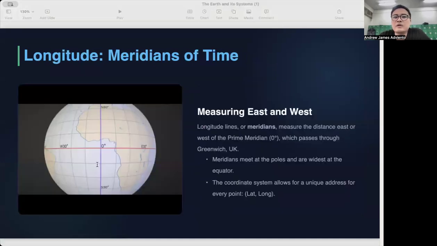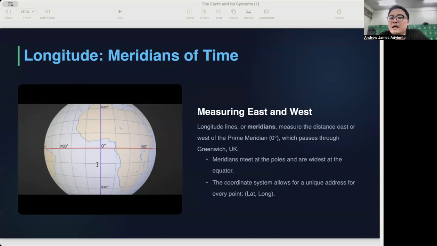The other one is what we call the longitude, or the meridians. While latitude goes up and down the ladder, the longitude lines wrap around the Earth like orange slices. These are called meridians. They all meet at the north and south poles, and the starting point is the prime meridian in Greenwich, England.